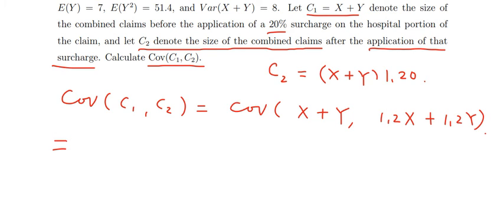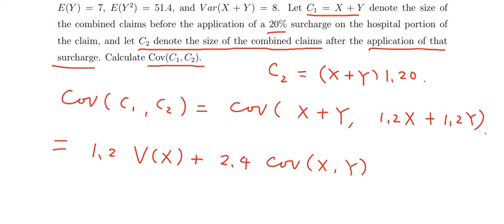So x plus y multiplied by 1.2x plus 1.2y, so equals 1.2 x times x. So this is just vx. So plus 1.2xy, or 1.2xy, like 2.4xy, where xy is the covariance for xy. So plus yx, yeah. So then plus y is 1.2 vy.